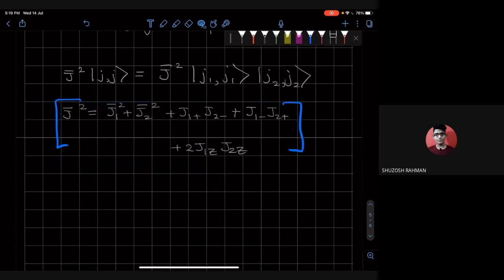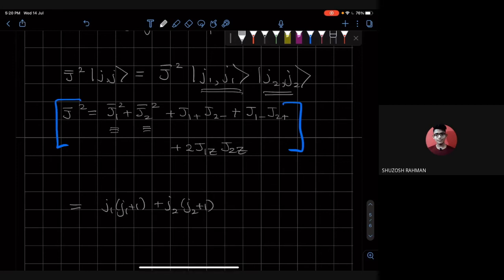So if I look at it now, J1 squared acting on this thing will give me J1 times J1 plus 1, right? Do you agree? And this thing acting on this will give me J2 times J2 plus 1, right?